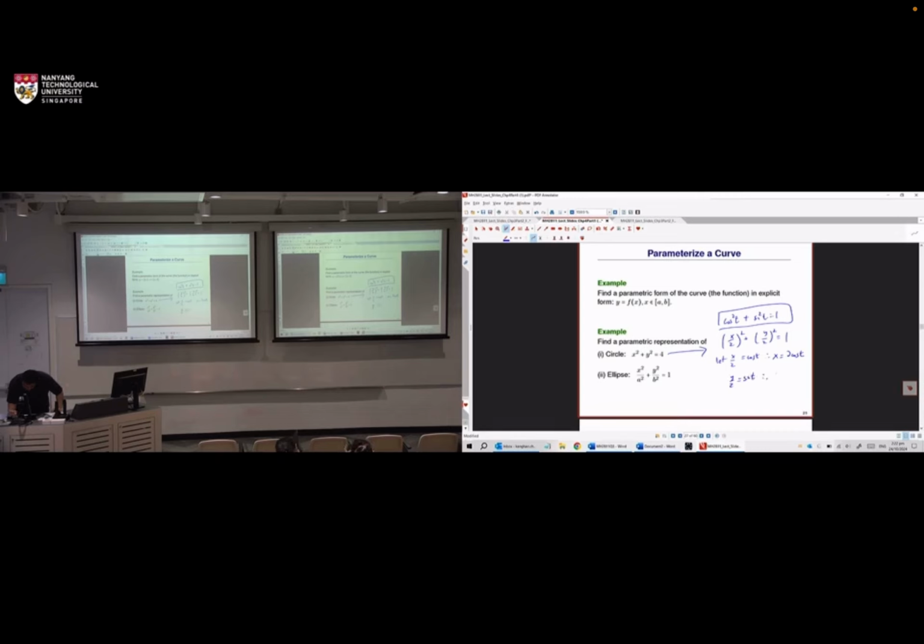Therefore, y is equal to 2 sine t. Where my t is between 0 and 2 pi, so that I can traverse it fully.